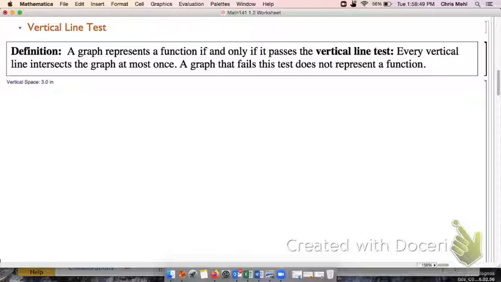Now, going back to the definition of a function, in section 1.1, you determined if something was a function, making sure that each input had one and only one output. Now, what if rather than given a relation through a table or verbally, and you determine if that relation is a function, relations can also be represented by graphs.